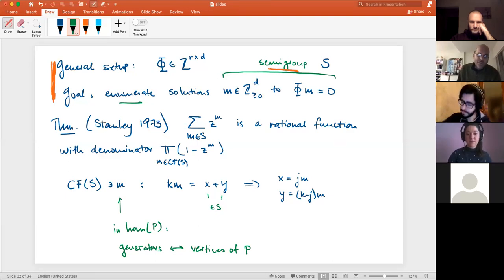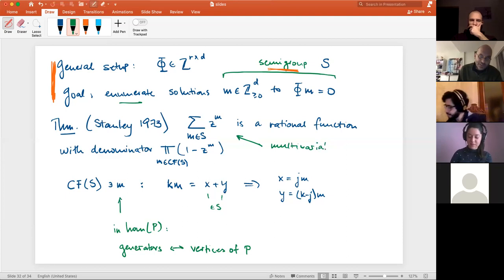Some people call this thing a multivariate Hilbert series, but the typical thing that you want to do is to look at a grading. So let's talk about this next.